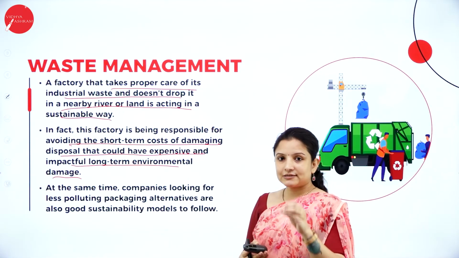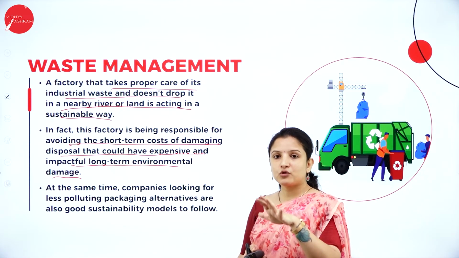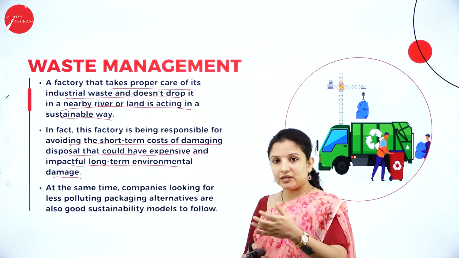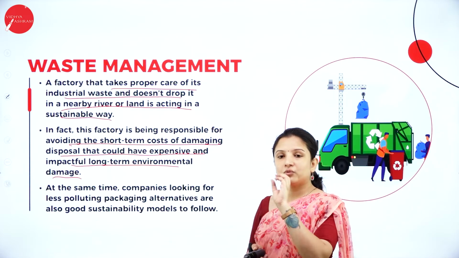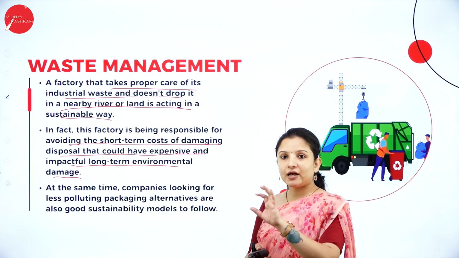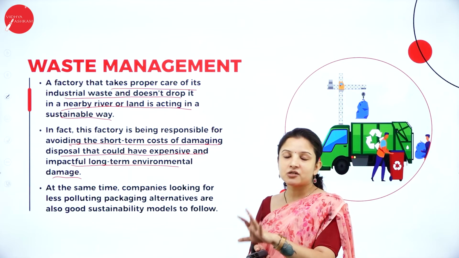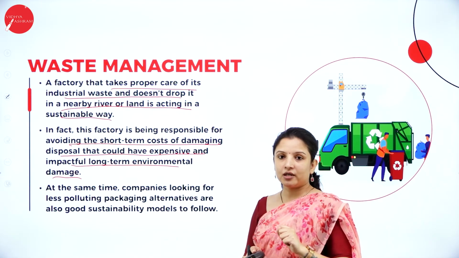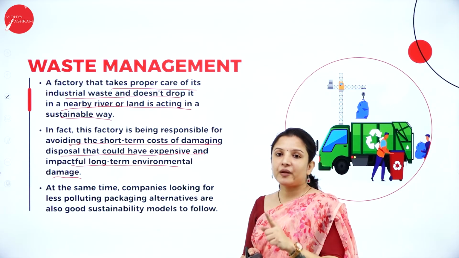How? Say for example, there is a factory which is not disposing waste properly, but instead just dumping it without any proper refining in the rivers and the lands. Now somebody complains about it, the company will have to pay a huge sum.